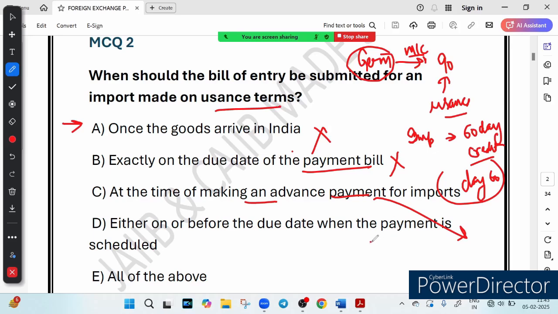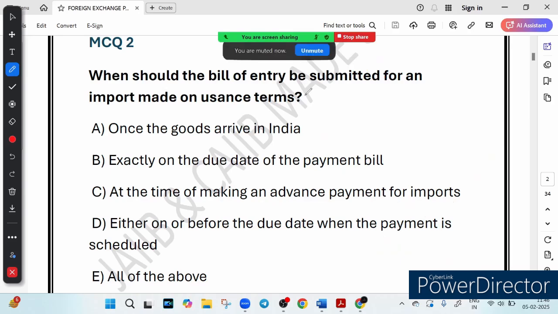Whenever I say usance, one thing should strike your mind: it is deferred payment. So this situation does not apply to option C. For example, if the importer pays upfront before receiving the goods, it is a different transaction, not a usance transaction. So option C is also incorrect, because a usance term allows payment later, not in advance.